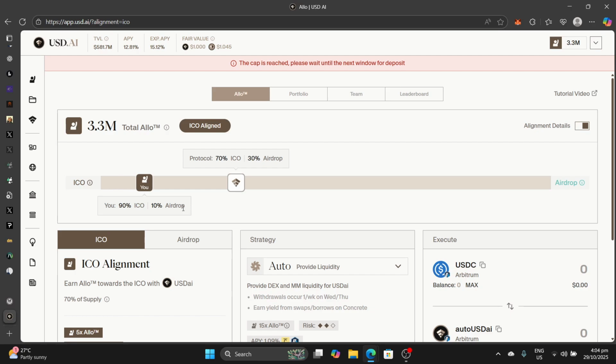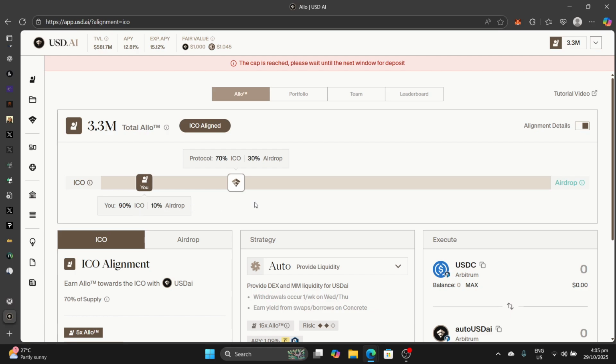I've been wanting to adjust this, but I've been forgetting, to at least 50-50. I like the ICO more than airdrops, because according to me, airdrops are not promised. So it depends on your approach, but currently I'm 90% ICO, 10% airdrop.